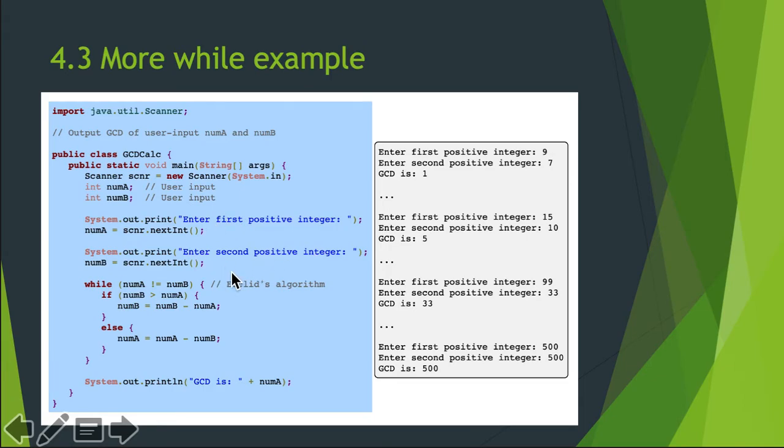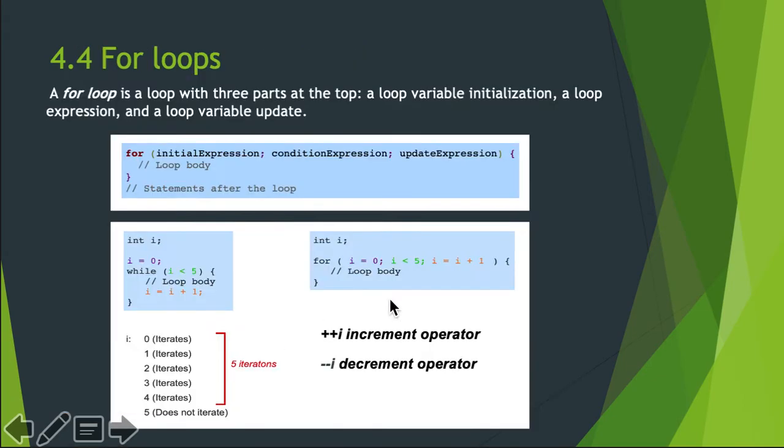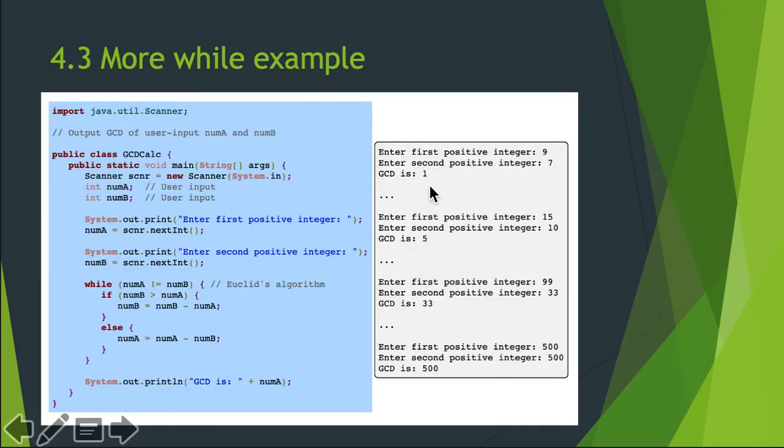So you get a GCD of 1. The second example, the first positive number is 15, and next we have 10. The GCD is 5, and so on.